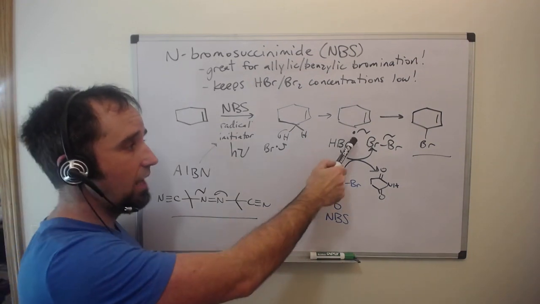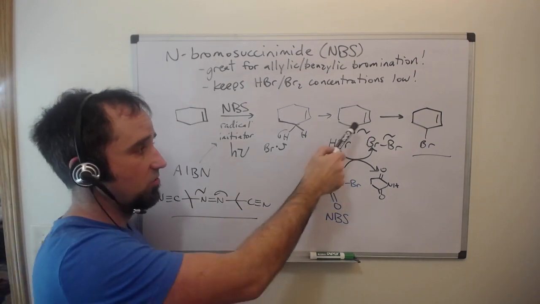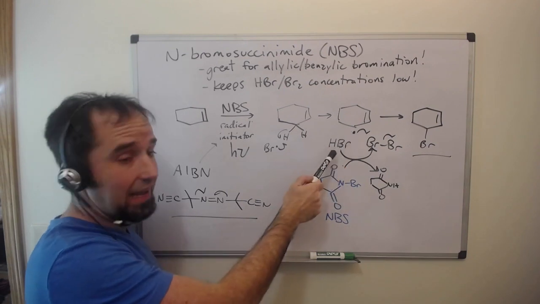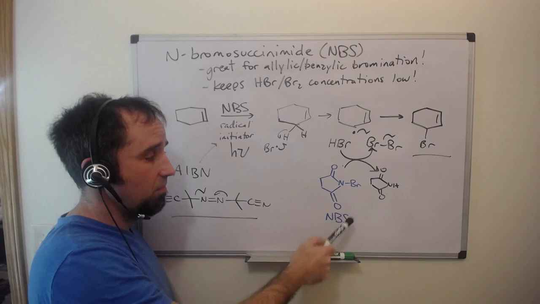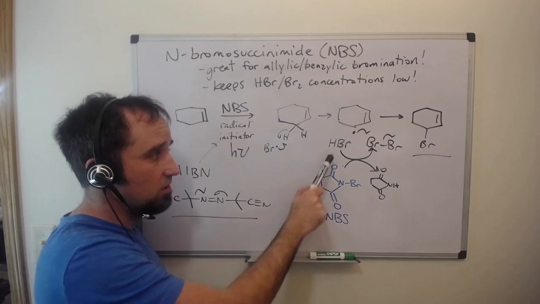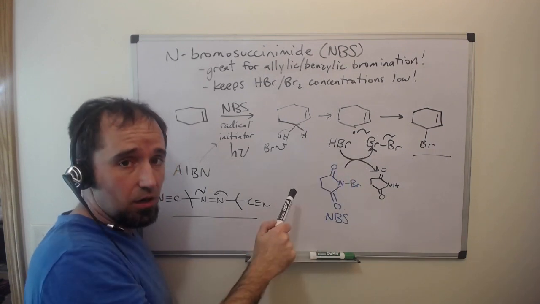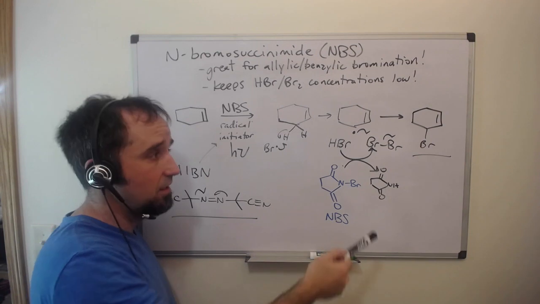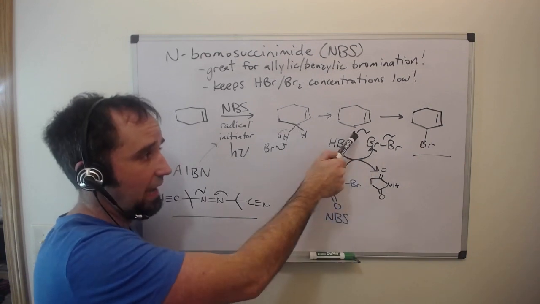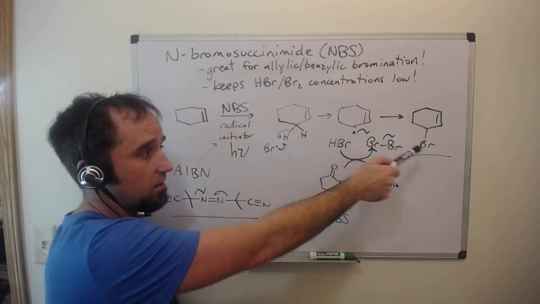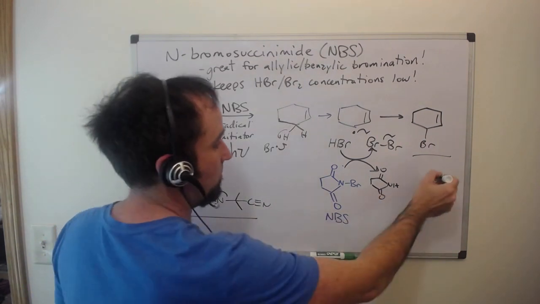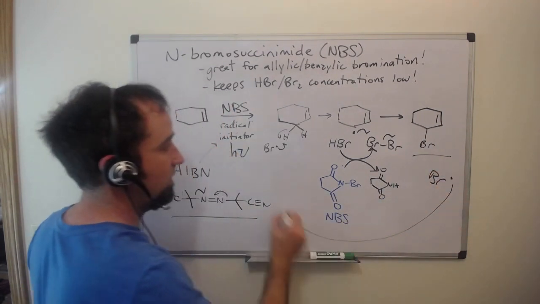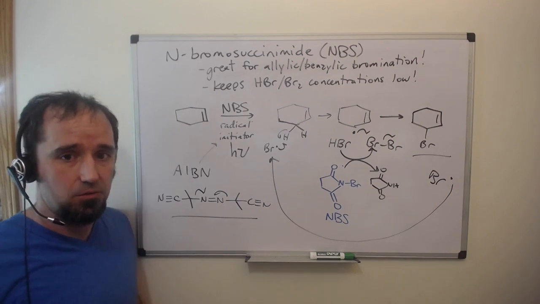Once we get this radical, and HBr, as soon as I make HBr, my NBS reagent turns that HBr into Br2, only as much as I need. And then that Br2 reacts with that radical to give me this stuff and some other bromine radical that then goes and restarts my catalytic cycle.